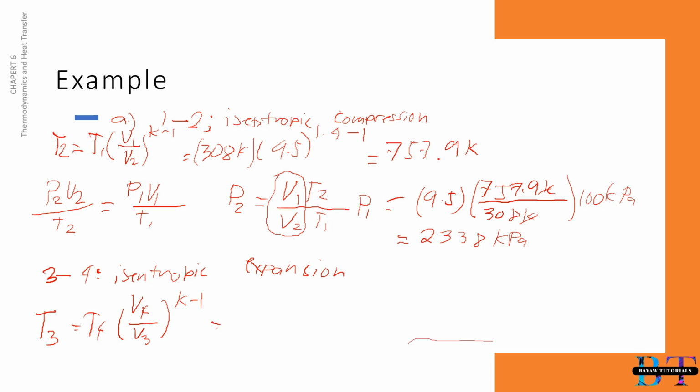So temperature 4 is equal to 800 Kelvin times 9.5, since V4 over V3 is also our compression ratio, raised to the power of 1.4 minus 1, is equal to 1,969 Kelvin.